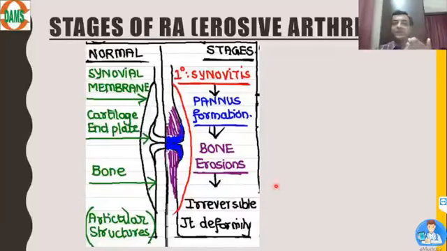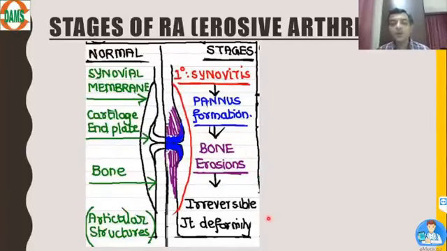The majority of patients present with articular symptoms, but extra-articular symptoms can also be present. When you look at the stages of RA, first it begins with synovitis. Then there is erosion of the cartilage end plate, then erosion of the bone, which will eventually lead to joint deformity.